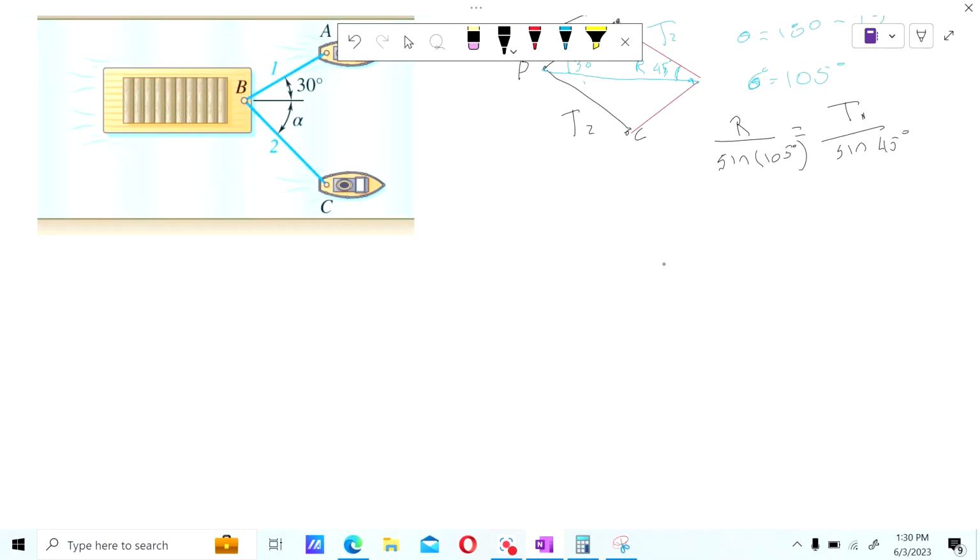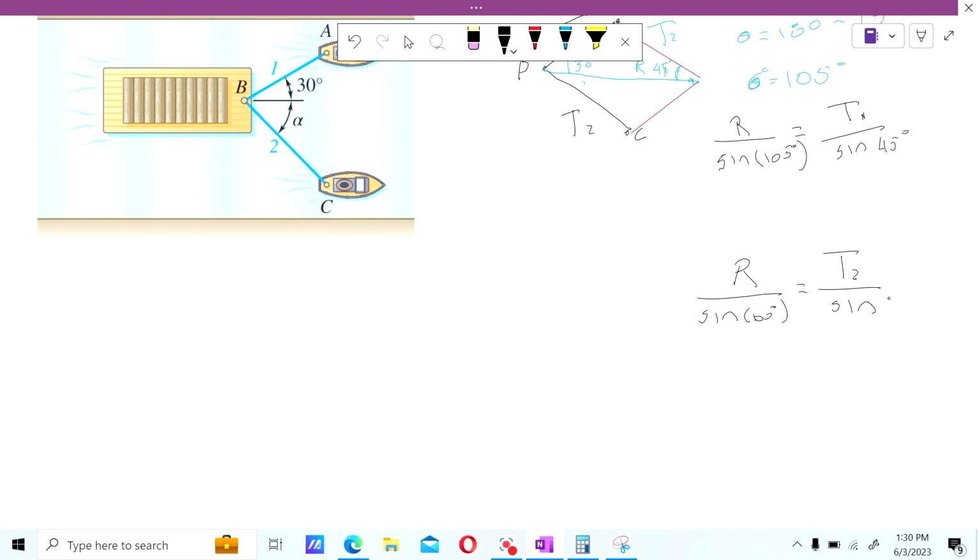And R, which is 5,000, divided by sine of 105 degrees is equal to T2 divided by sine of 30. We're trying to find T1. Therefore, T1 is equal to 5,000 times sine 45 divided by sine of 105.